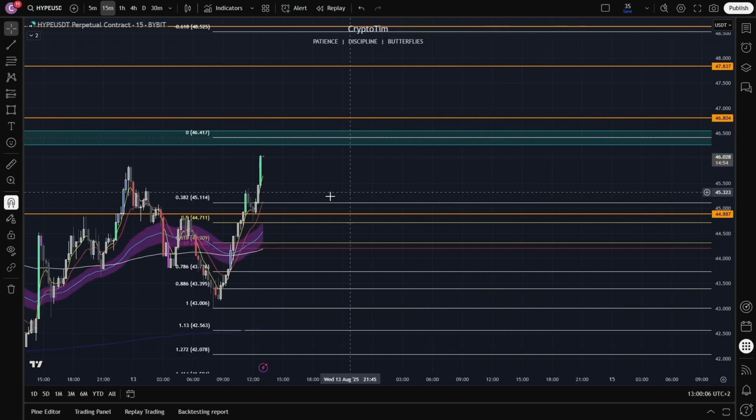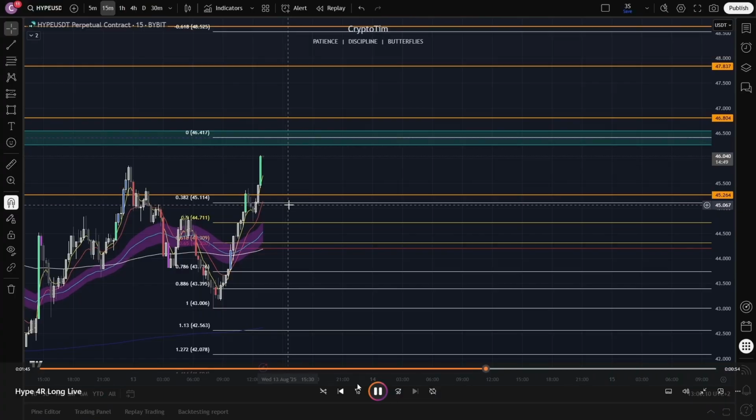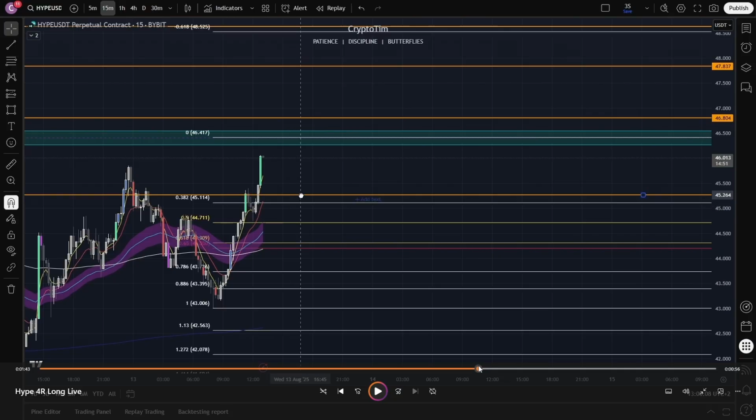We're going to check our FIB levels in case we do hit this vector candle zone that we were looking at. So we do kind of expect them to go to this vector zone.